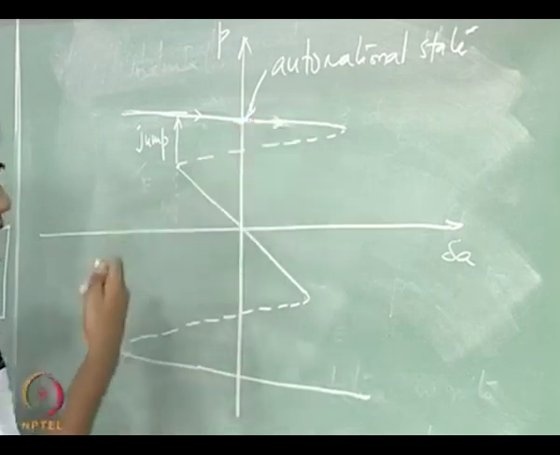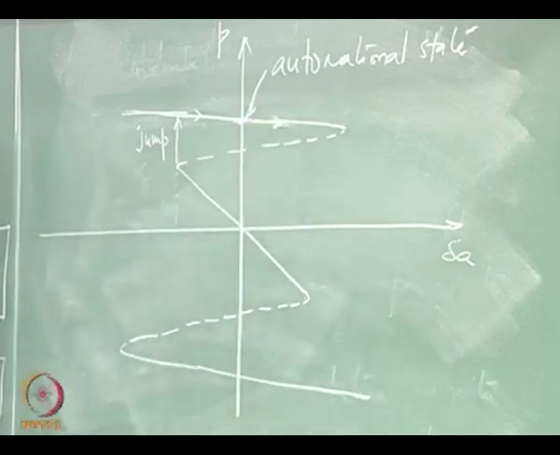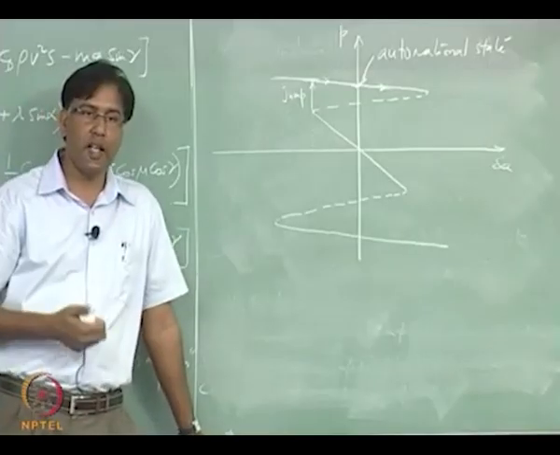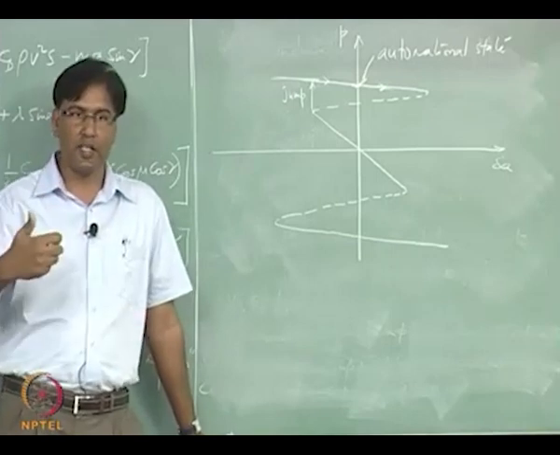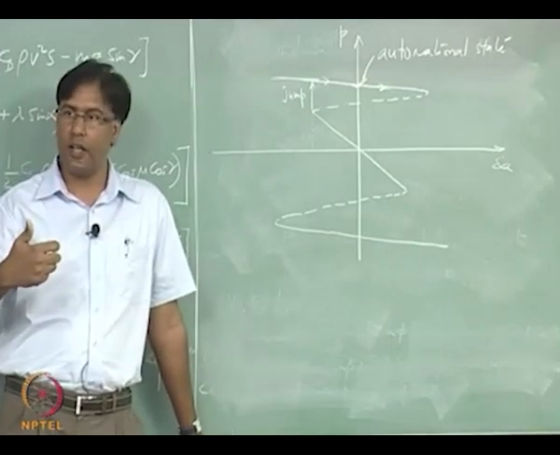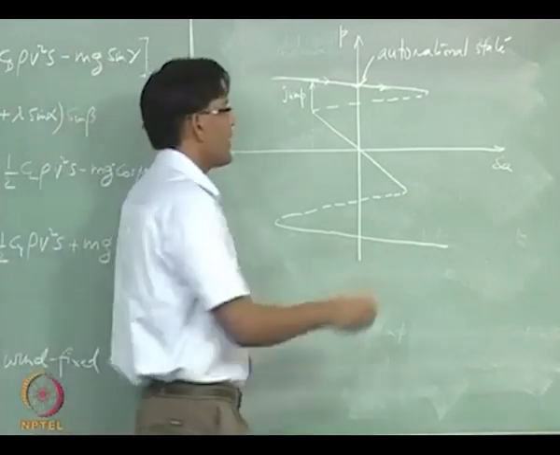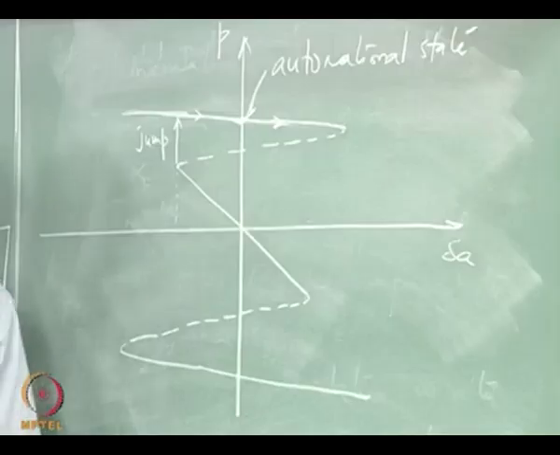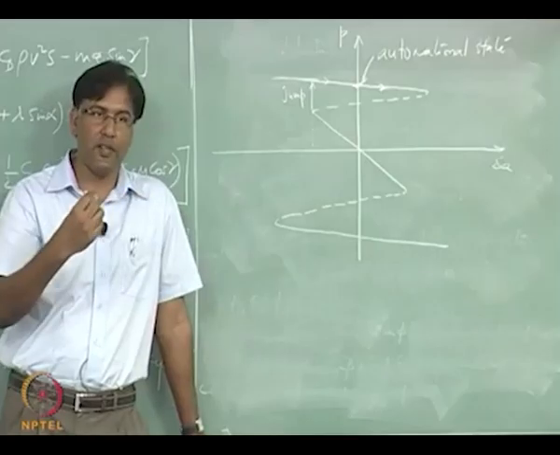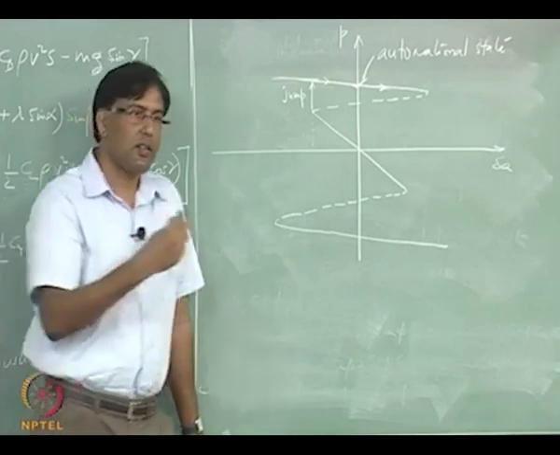Further, when you further decrease aileron, or start changing the aileron in the opposite direction, right, you see still positive roll rate. This positive roll rate is for positive aileron deflection, right.